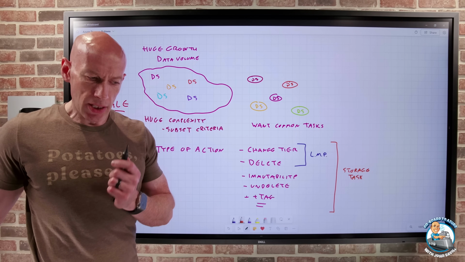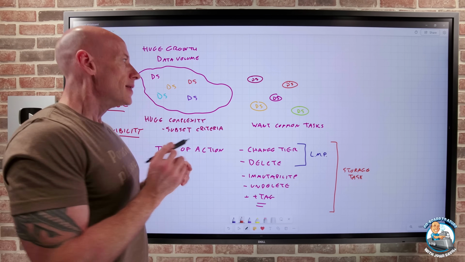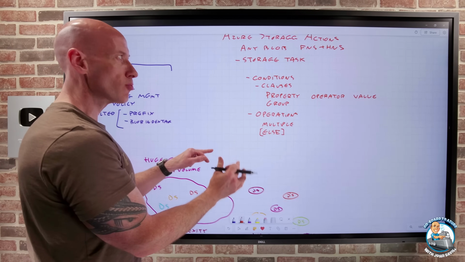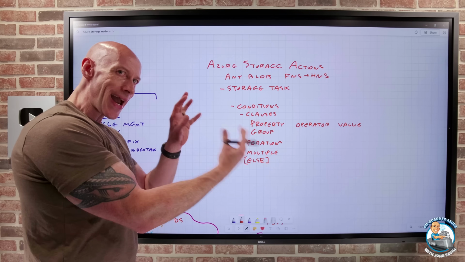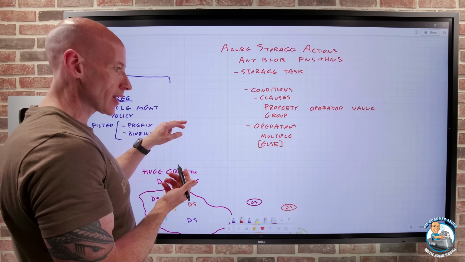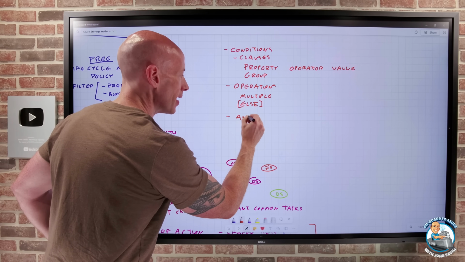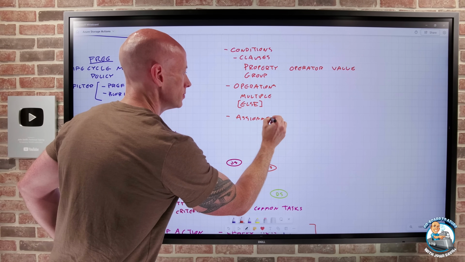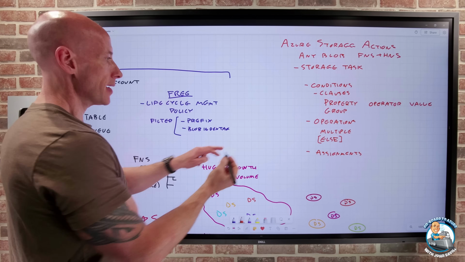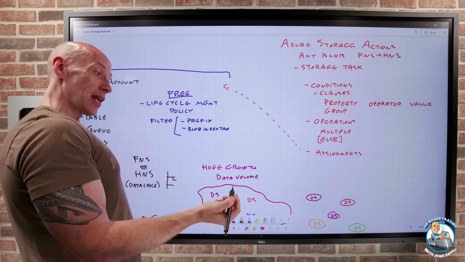Okay, so I've created the task. Now, what do I do with this thing? And this is where, once I've defined the task, remember the task is being centrally defined as its own resource. It's not living under any particular storage account. Well, now I go and add n number, excuse me, of assignments. So this is where I can go and say, okay, I'm going to assign this storage task to this particular storage account.